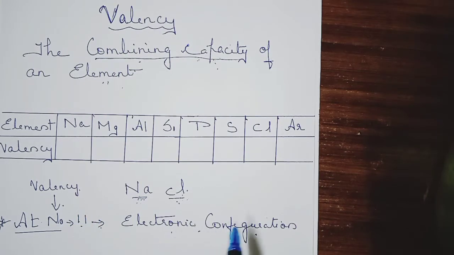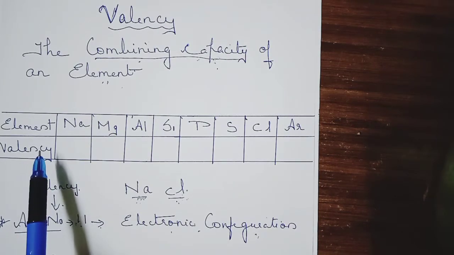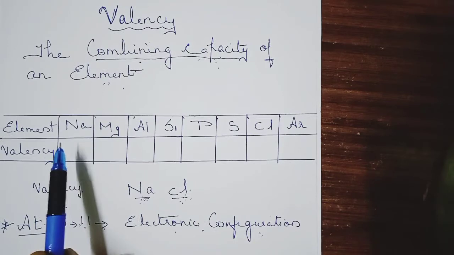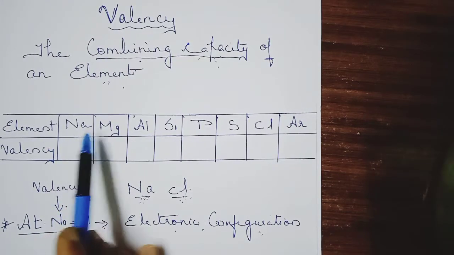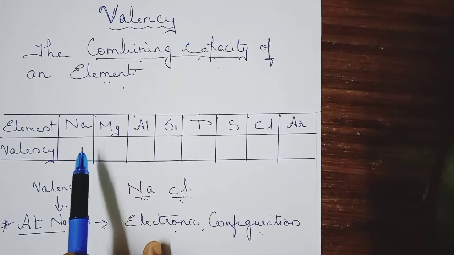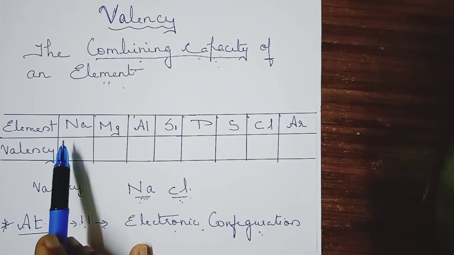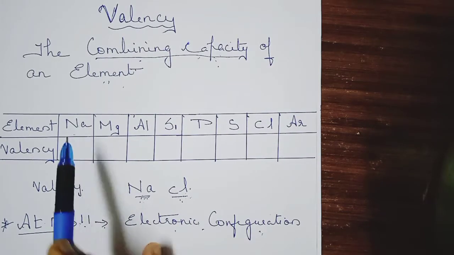Electronic configuration is found based on the atomic number. Let's take the example of the third period, from sodium till argon. Sodium's atomic number is 11.